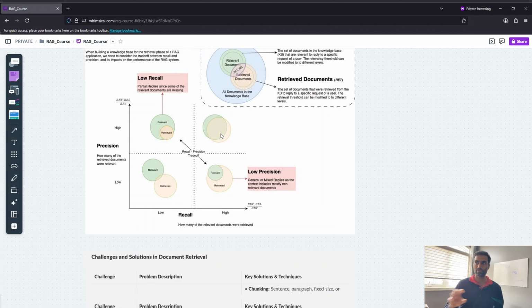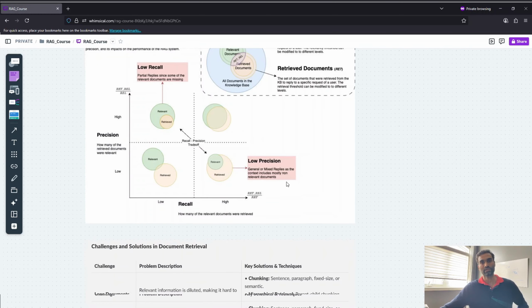If recall and precision overlap each other more, then you will get the most accurate answer. It is generally not possible to get the exact documents in most cases, but we try to minimize this difference. If the difference is very small, then obviously we will get the most accurate answer.